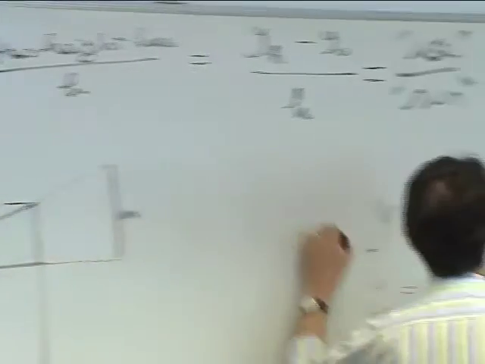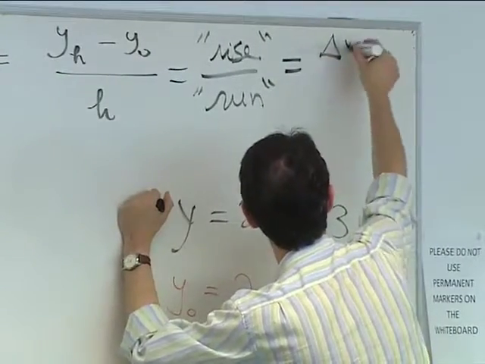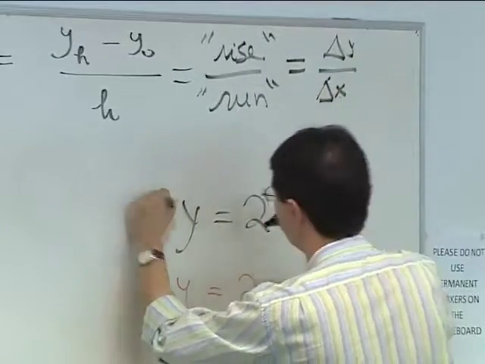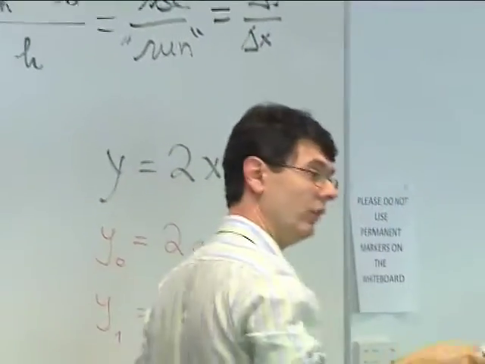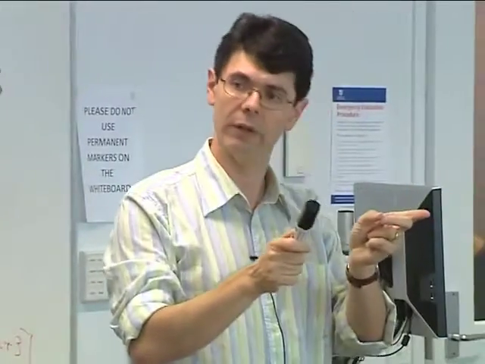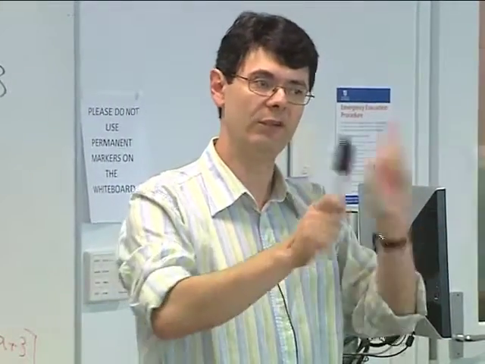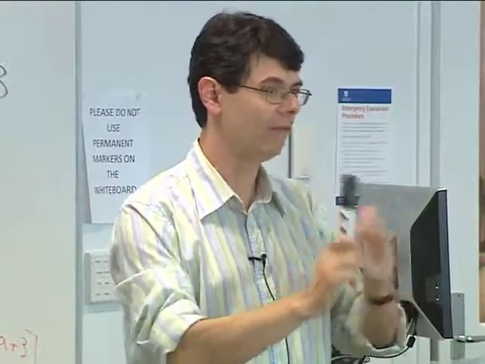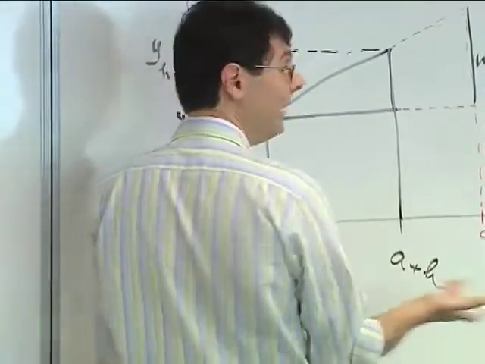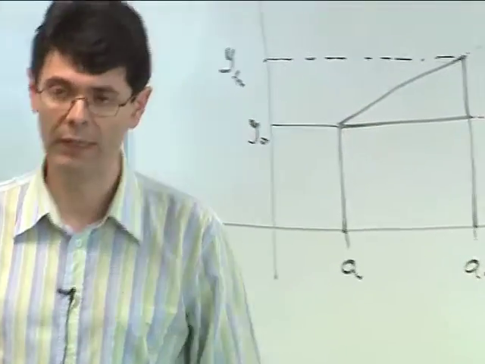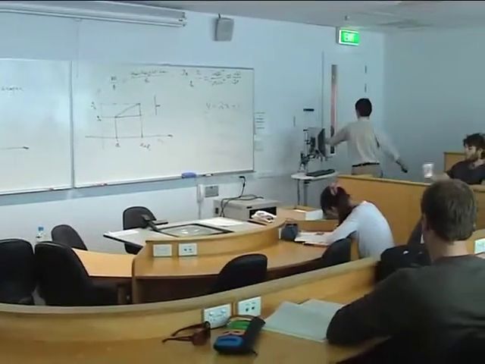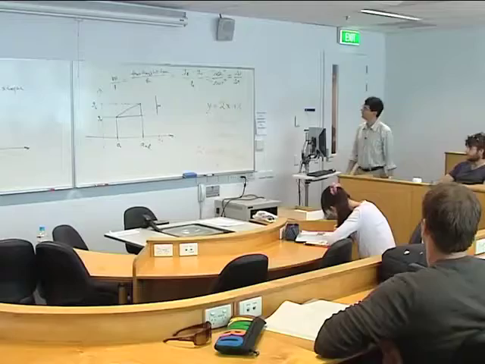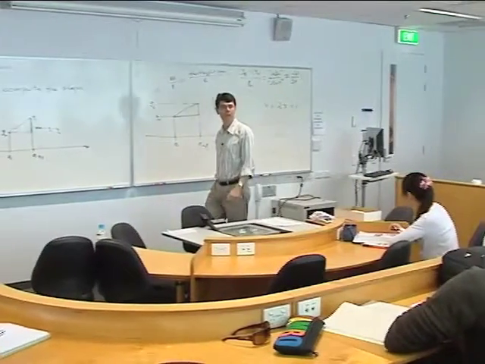We also call it, if you want, delta y over delta x. Now, delta is a Greek letter that we use in mathematics to represent a difference. So what it says is the difference of the y values, the difference between the heights, divided by the difference between the x values. These are the two x values in consideration. The difference between them is h.